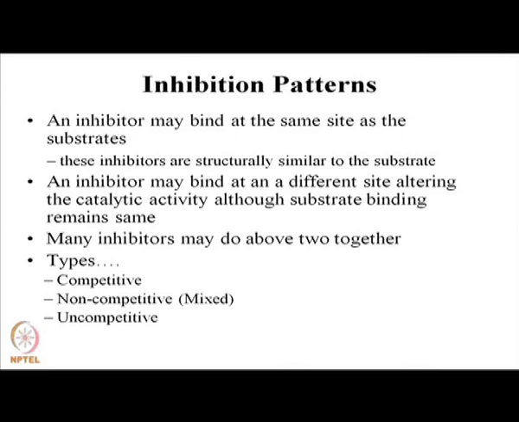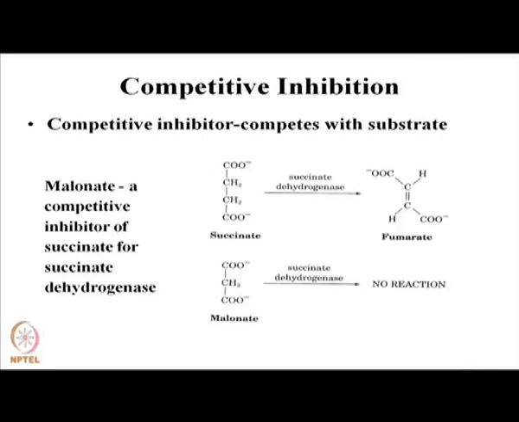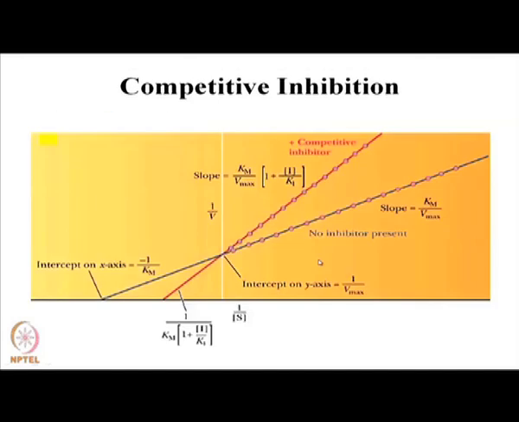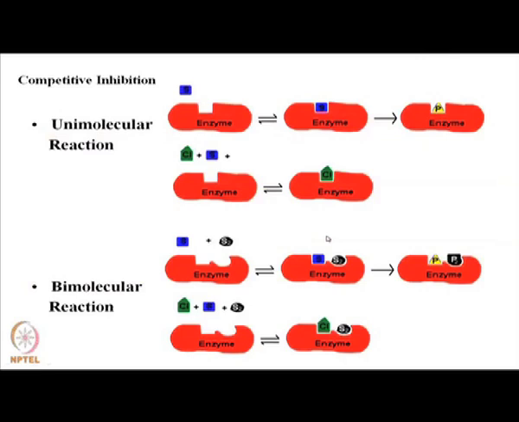Now, different inhibition patterns we talked about in detail, taking each situation, like for competitive inhibition, how it is operative, how this can be minimized, and the Lineweaver-Burk plot for competitive inhibition and its characteristics.